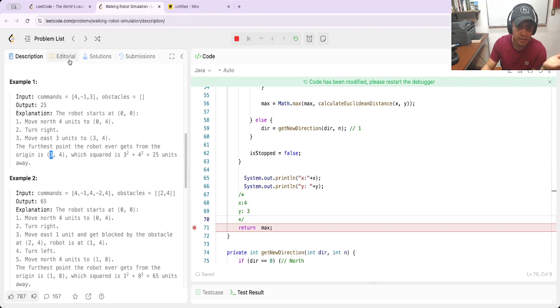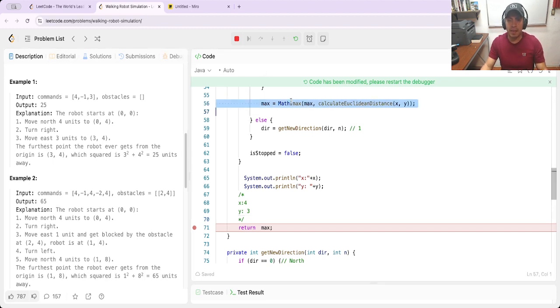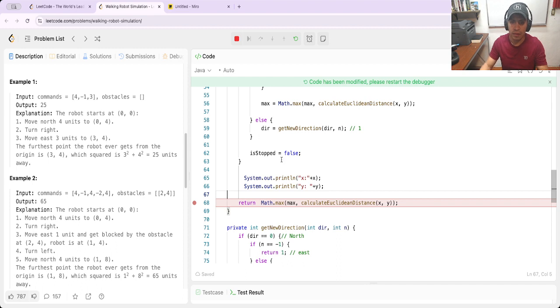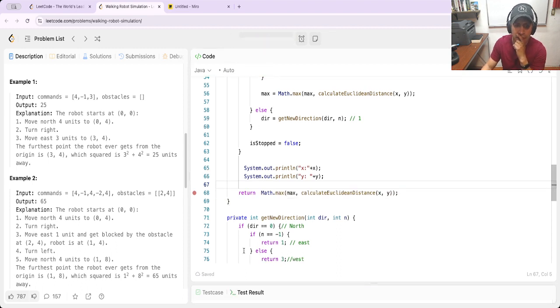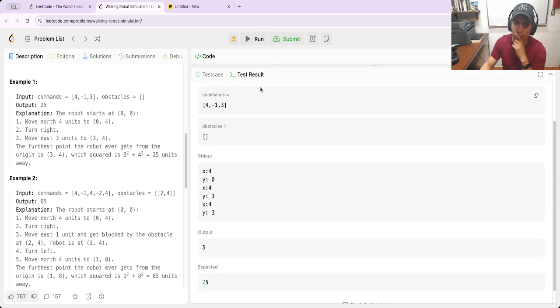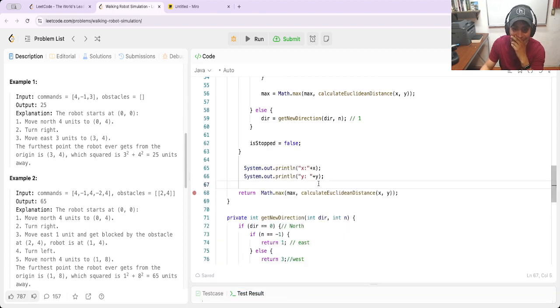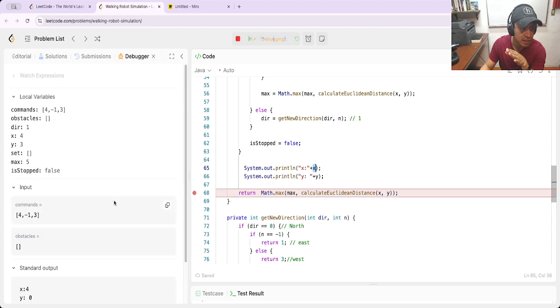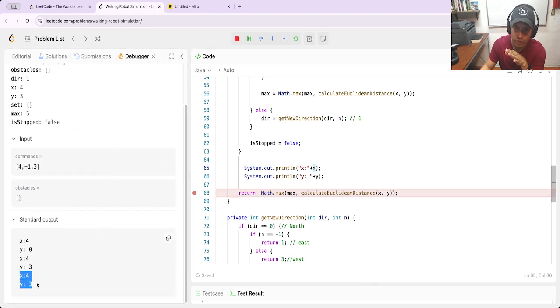But why max? Yeah, I need to calculate again this value, right? Let me check. Oh, oh no, why? Okay, in the last iteration, I have that the value of x is 4 and y is 3.